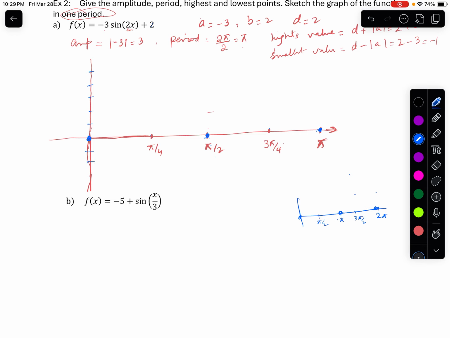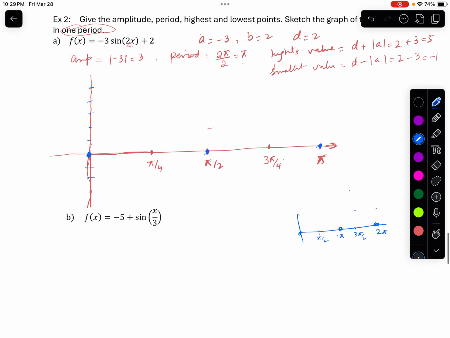And also we saw our highest point and lowest point. Highest point goes up to 5, lowest goes to -1. But let me just put however many I can here. So 3 sine 2x will give me a value of 3 here, and a value of -3 for this one.